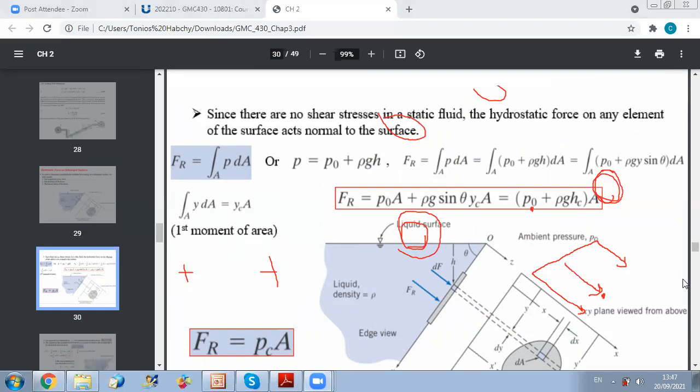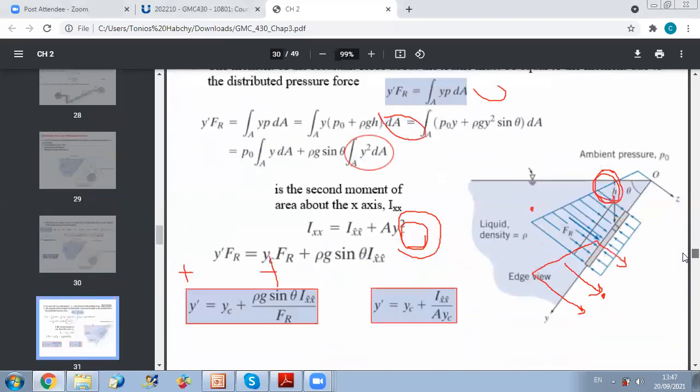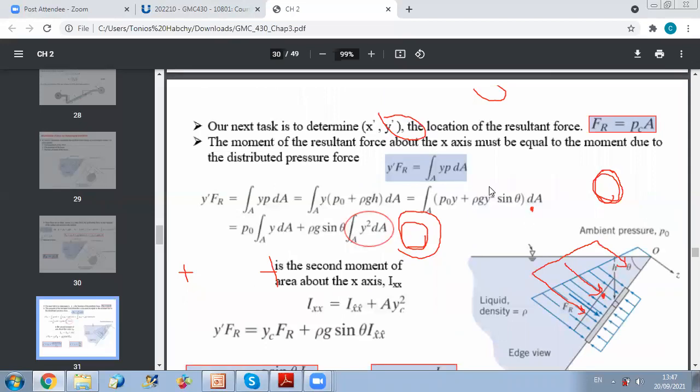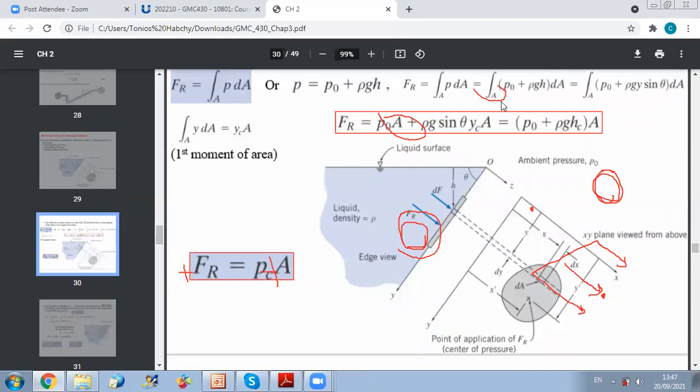Okay, so let us start with which axis. We will start by finding the position of the resultant force anywhere to produce an equivalent system about the x-axis. So I should produce the same moment about x. This is why what I should do first, I should find the total moment created by pressure forces about the x-axis.